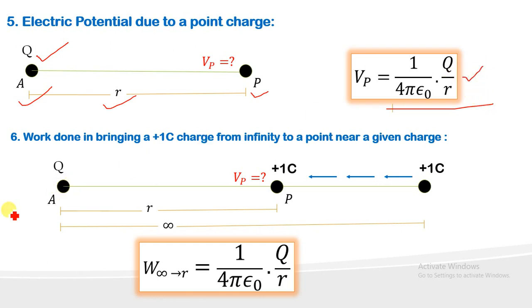Next, suppose we are having a point charge Q at A, and at a distance r from it, there is a point P. At this point, we are going to bring a unit positive charge from infinity. Then there is a work done, and this work done is equal to 1 by 4 pi epsilon naught Q by r.